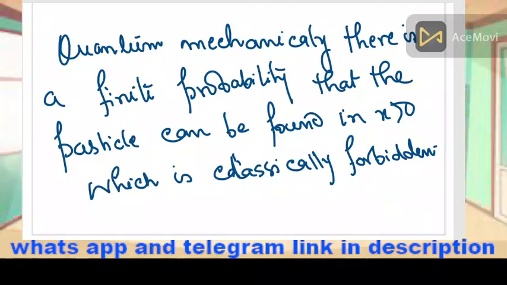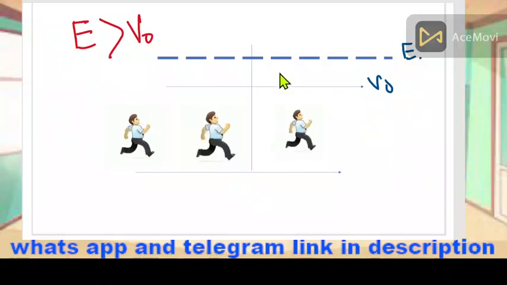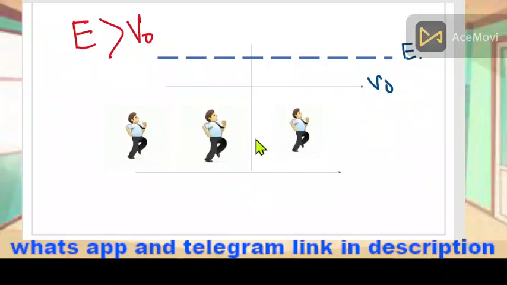Now, in the second part of this potential step lecture, we will consider the case when the particle has energy greater than V naught. Suppose this is V naught and this is the particle energy. Its energy is greater than V naught. So suppose there is a person who is running towards a barrier or towards a step, and his energy is quite high.